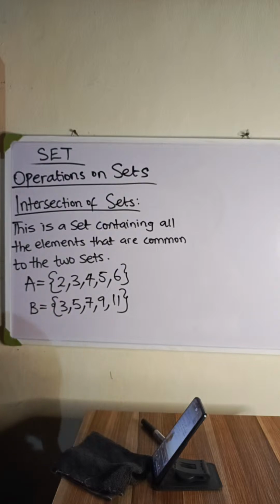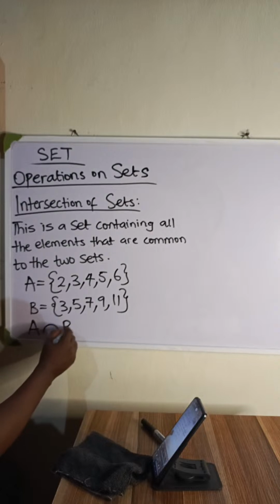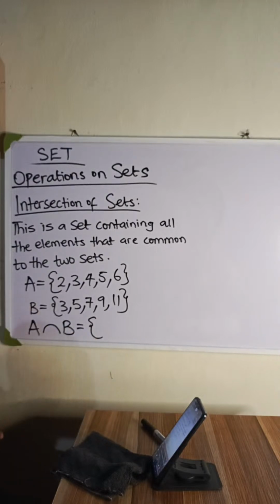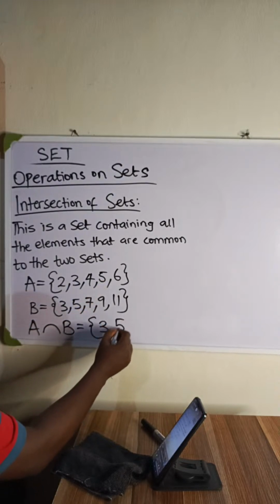So A intersect B. What numbers can we see in both A and B? We can see 3 here, we can see 3 here. So we have 3. We can see 5 here and we can see 5 here. So we have 5.